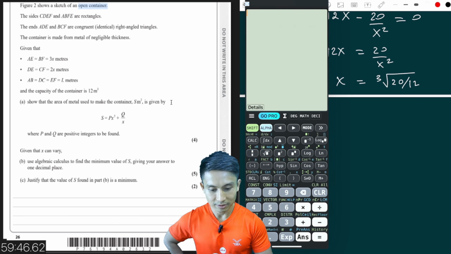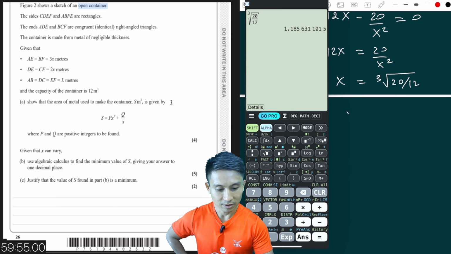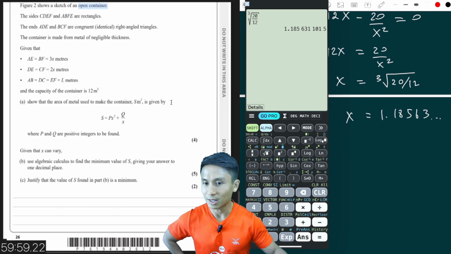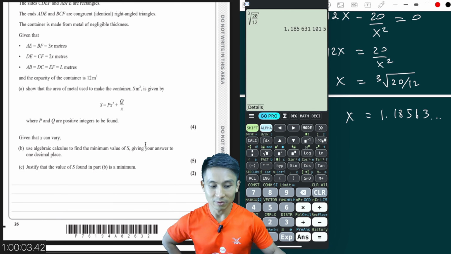So what do you have there? Cube root, sorry, it's cube root. 20 divided by 12. So x equals 1.18563, and so on. Minimum value of s, right? We can plug that whole thing into the s there.